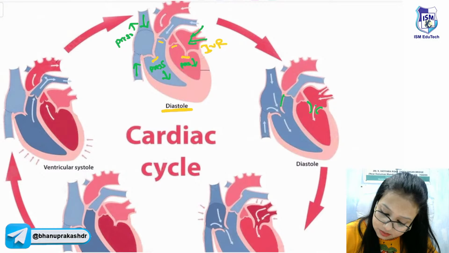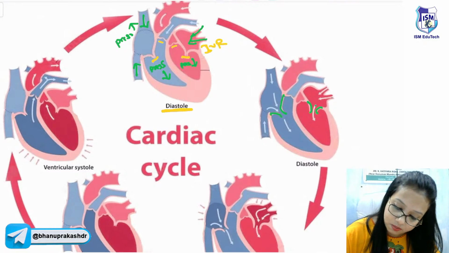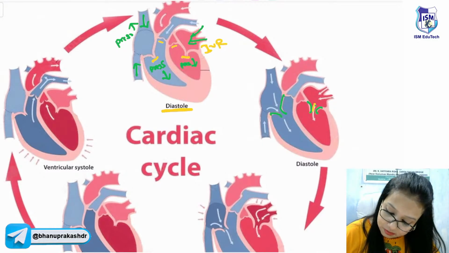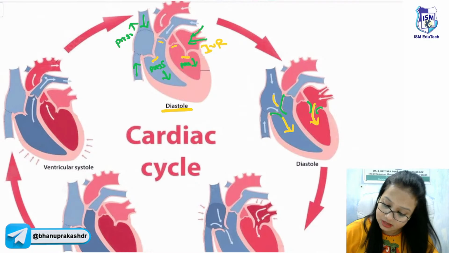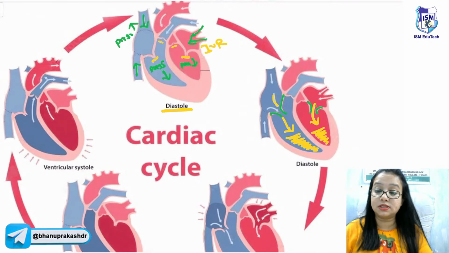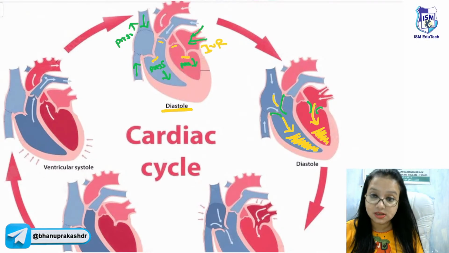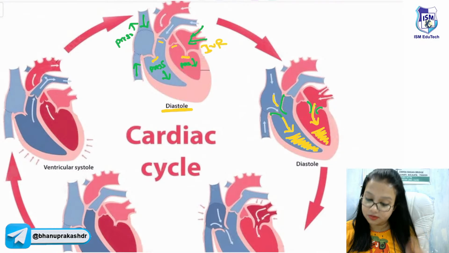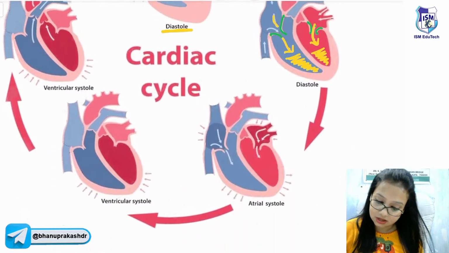See, the AV valves are now forced to open, and there is filling of the ventricle from the atria. The blood is now coming and filling the ventricle. This is the diastole proper. This is the first rapid filling phase.